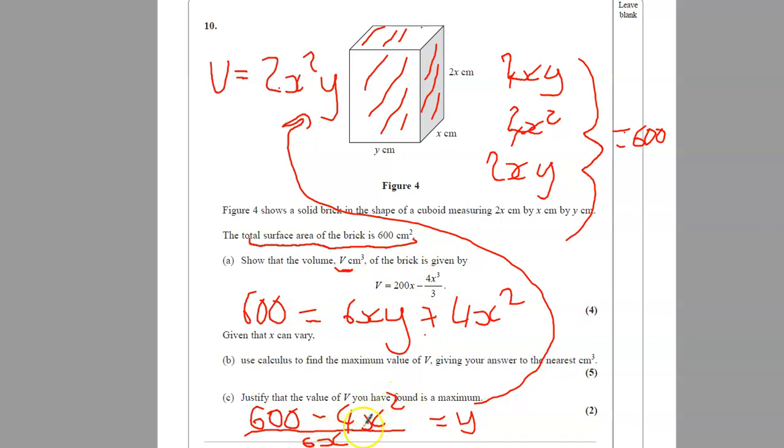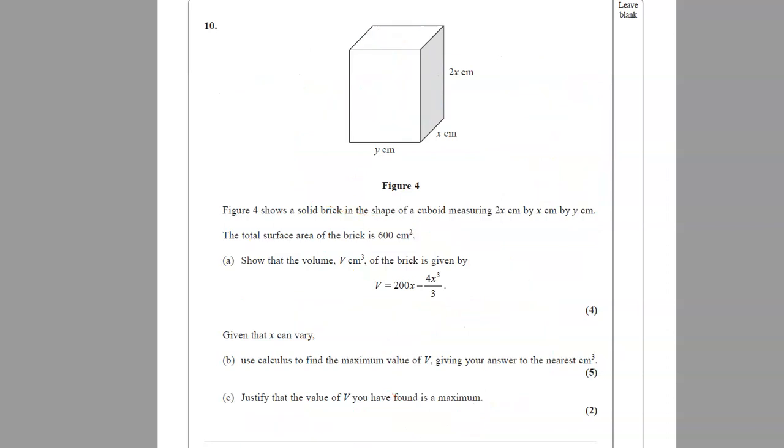Well, that's going to give you a single x times x squared, that's your x cubed, and your 4/3 is going to come from that 4, 2, and 6. So pretty happy that's going to come out in the wash. I'm not going to go any further. I'm going to let you finish that off. Make sure you can follow the algebra through. Once you've got that and you've shown it for your 4 marks, we can now use it.